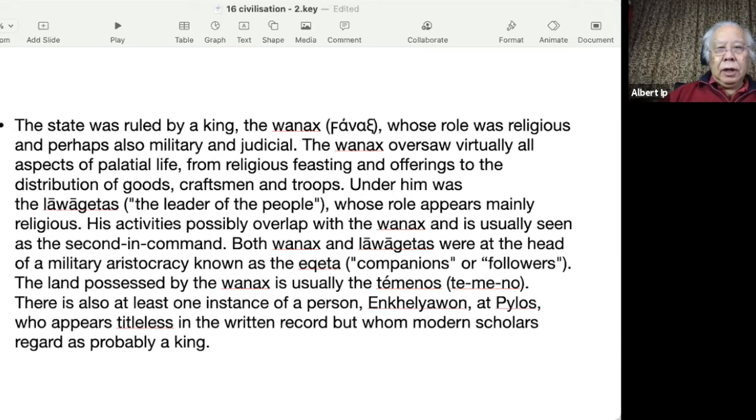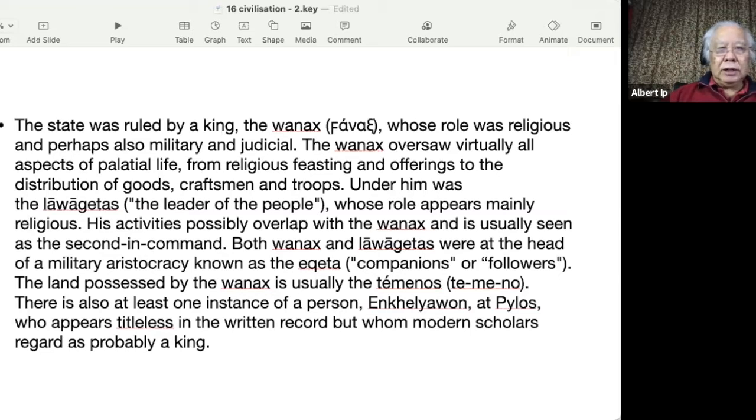Both of them were at the head of a military aristocracy known as the equetai, the companions. The land possessed by the king is usually called the temenos, whatever.